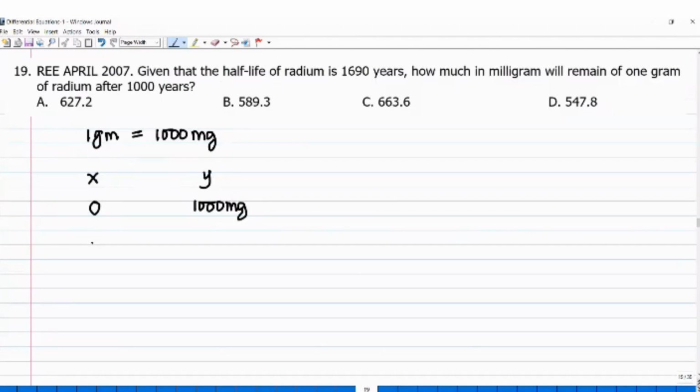So half-life is 1690 years. Half-life, kalahati, 500 milligrams. So how much will remain after 1,000 years? So above 500. So lahat naman above 500.